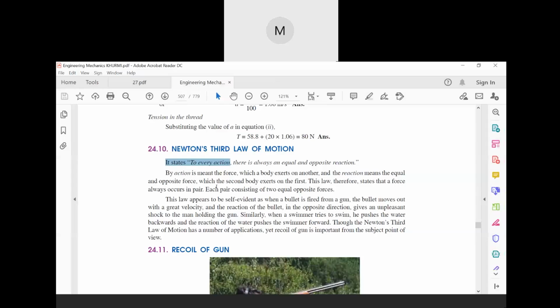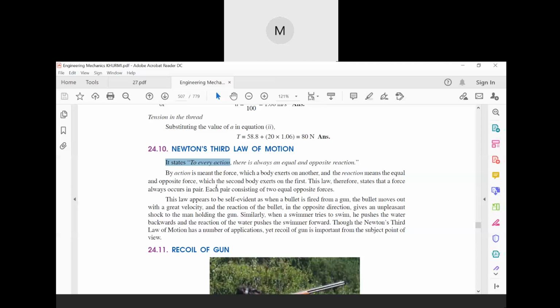So what do you mean by that? By action, it is meant the force. Okay? So by action, it is meant what? The force. That means suppose if a force is acting on a body, then that is known as action.